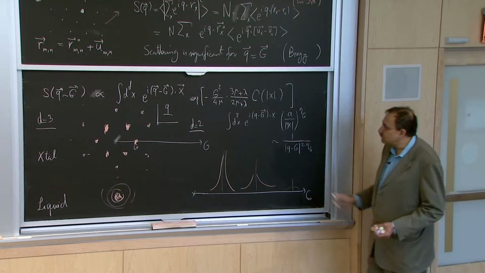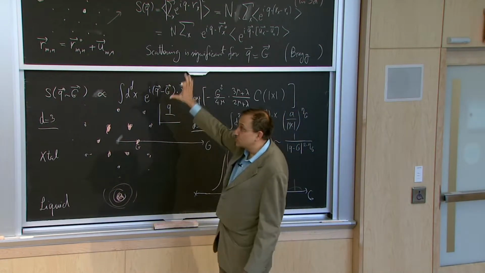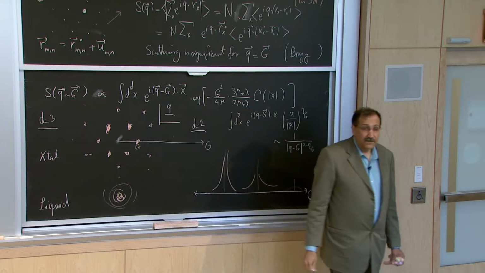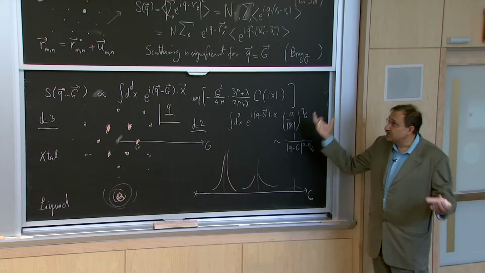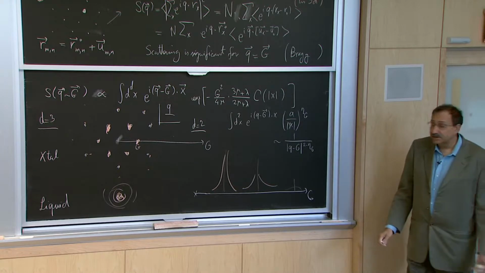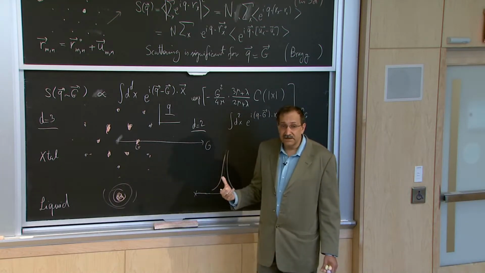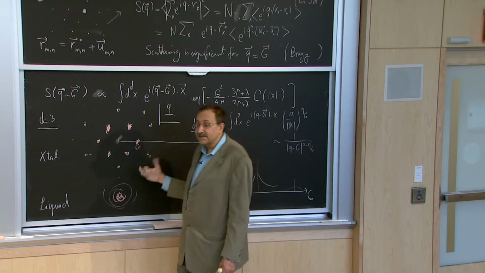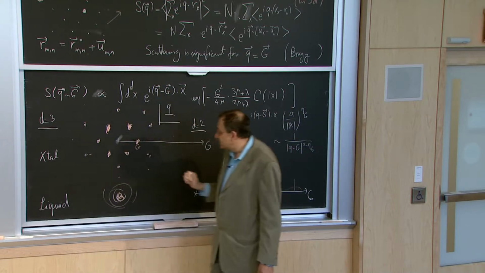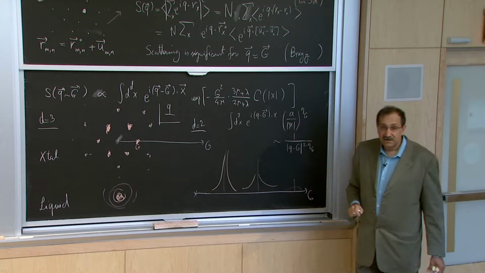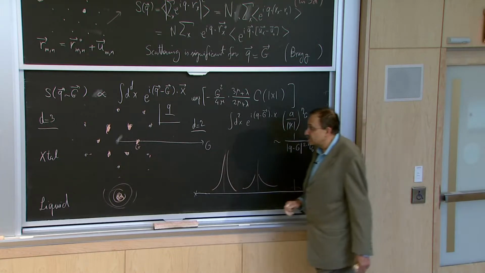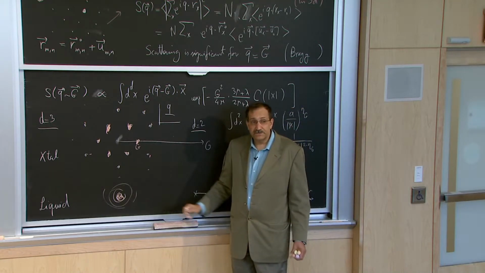So you can see that because we don't have true long-range order in 2 dimensions, because of these logarithmic divergences, etc., the traditional picture that we have of a solid that is characterized by Bragg scattering and delta function peaks is modified, but it is something that looks very different from the liquid.